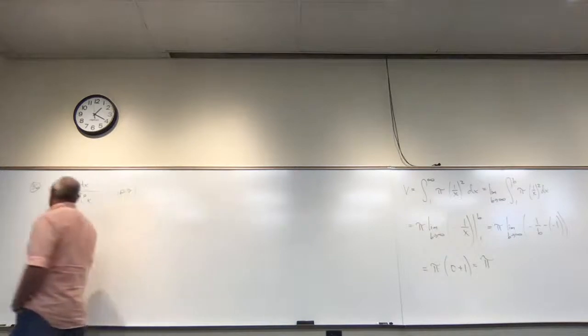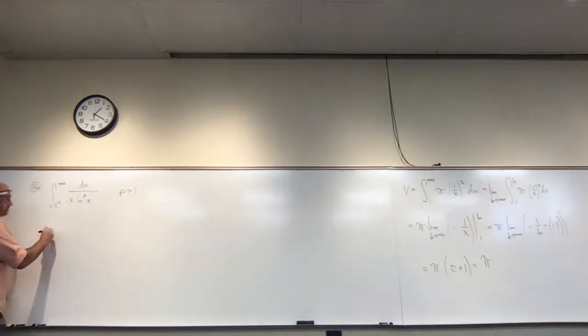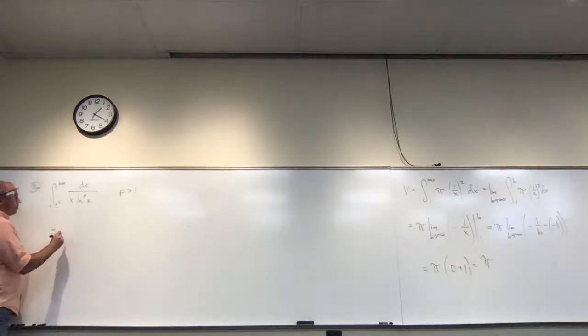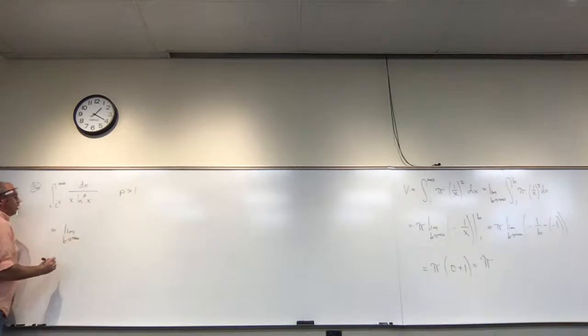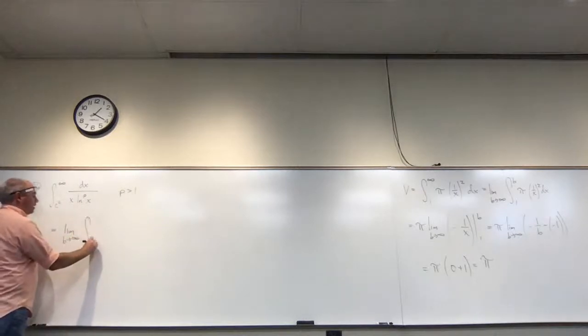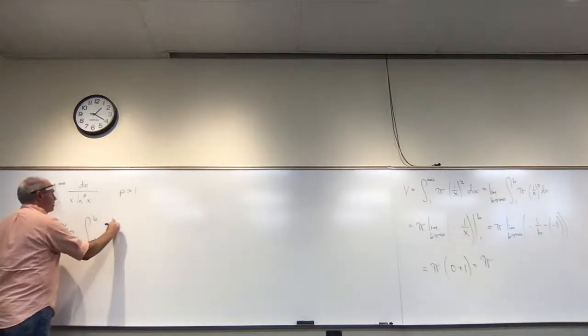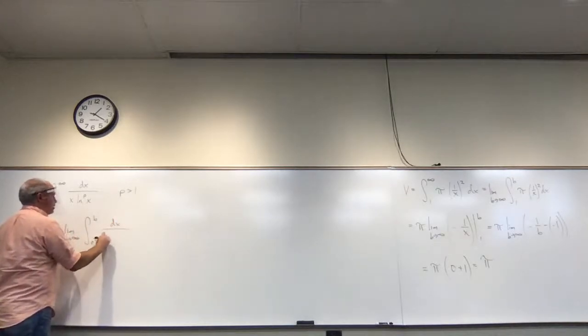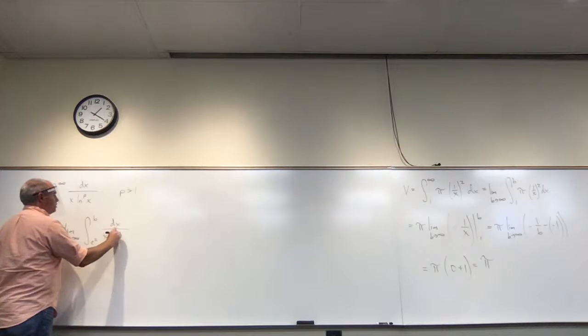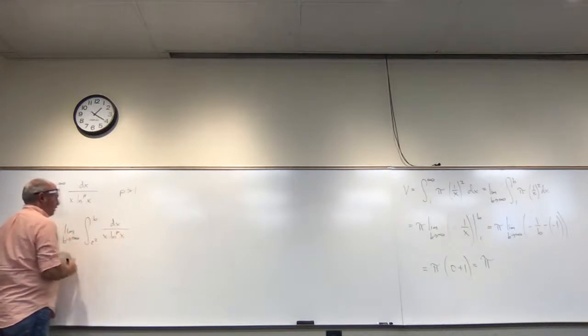Okay, so we just need to rewrite as a limit. So we'll write this as the limit as b goes to infinity of the integral from e squared to b of dx divided by x ln to the p of x.